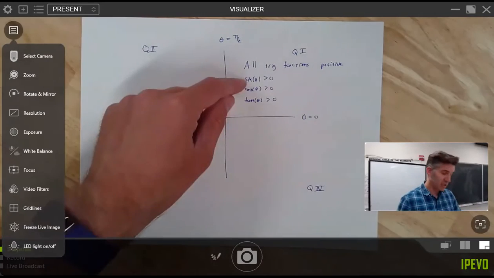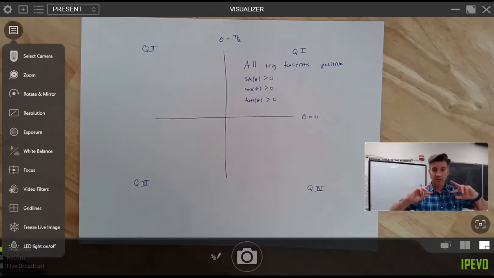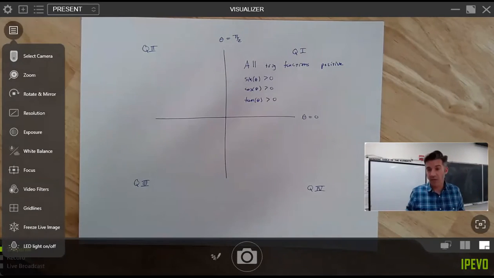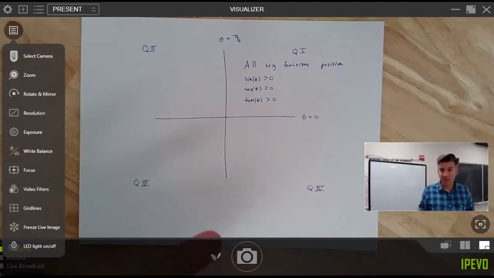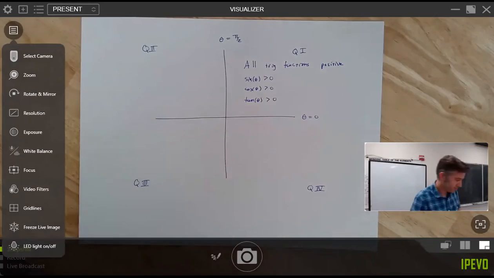So if you know that sine is positive, you automatically know cosecant is positive. Same for cosine and secant, same for tangent and cotangent. Or what I should really say is flipping something never changes its positive or negativeness. If you take the reciprocal of -2, it's 1 over -2, which is still negative.